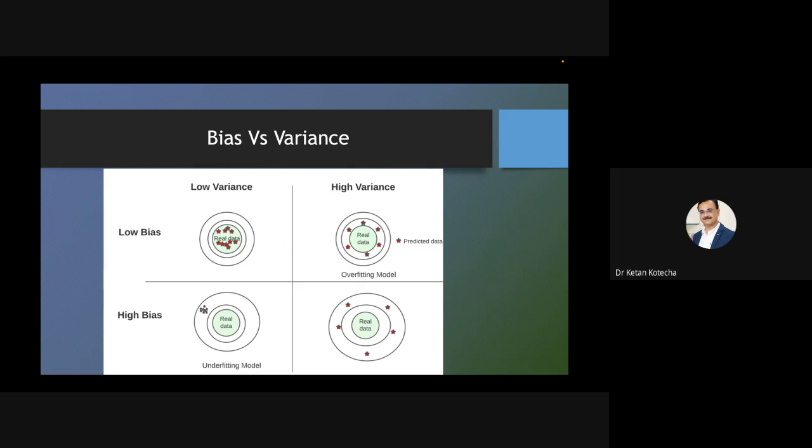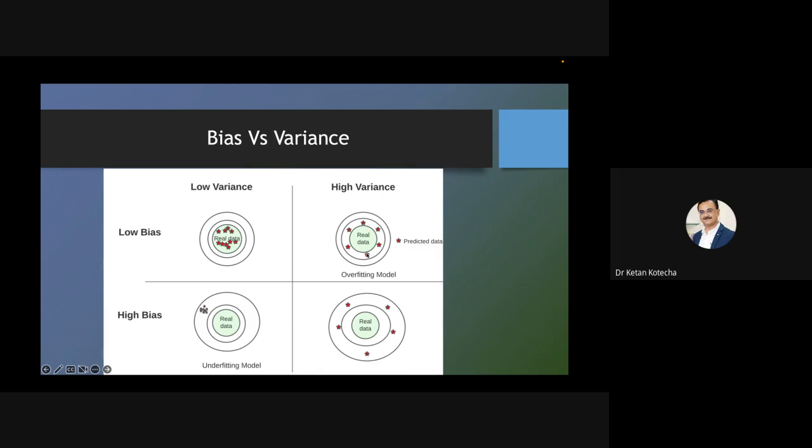Whatever I told can be represented or explained using this figure as well, whereby low bias and low variance means compared to real data, your targeted data is also nearer. So everything is in close vicinity. So this is an ideal model. If the model is underfitting, it means your real data is this, but you are fitting the model here, right? So even training is not good.